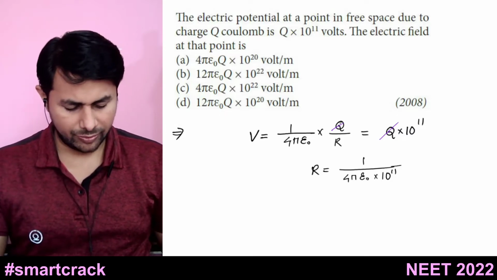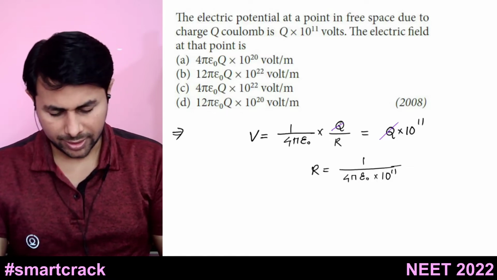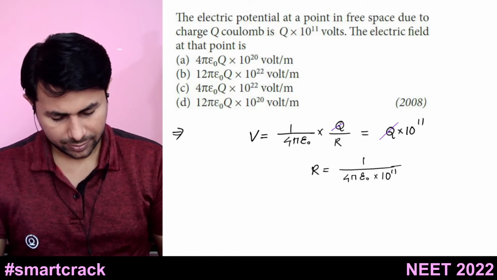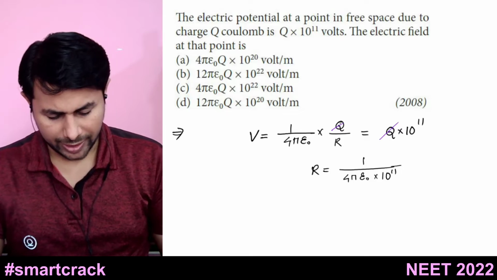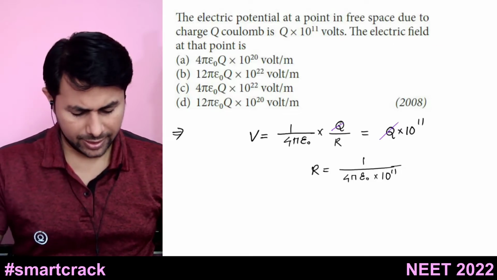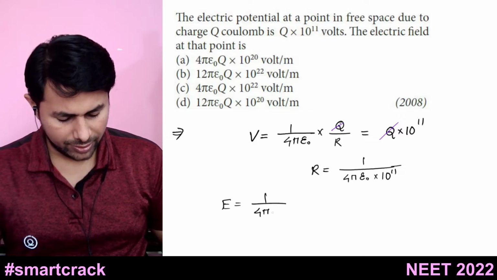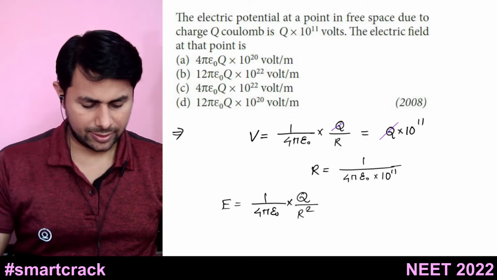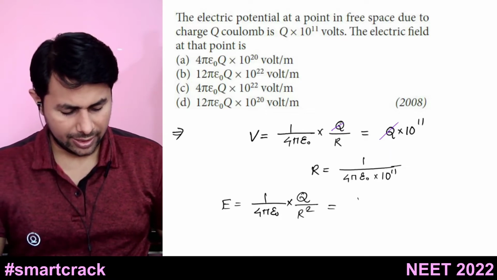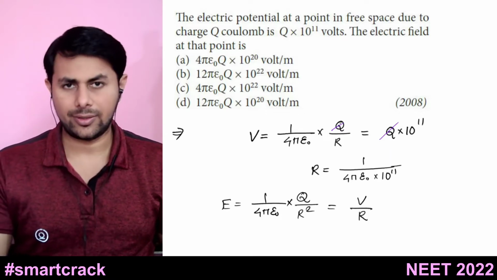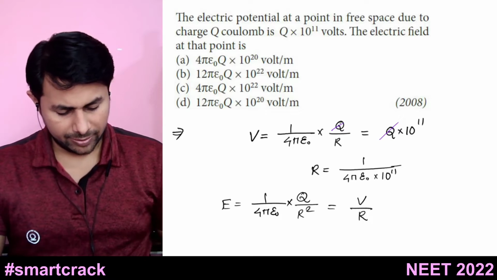After that, if we want, we can put the value of 4 pi epsilon naught also. But we want to find out the electric field, so let's do that. Electric field is equal to 1 over 4 pi epsilon naught into Q over R square, or we can say it is V divided by R. All right, so let's substitute that.